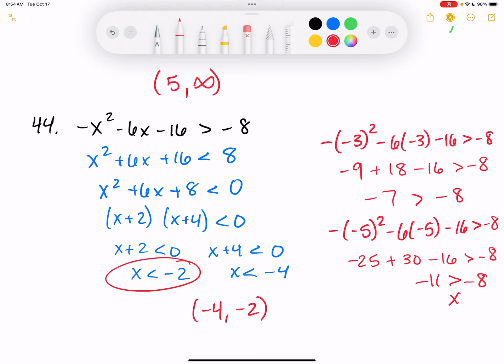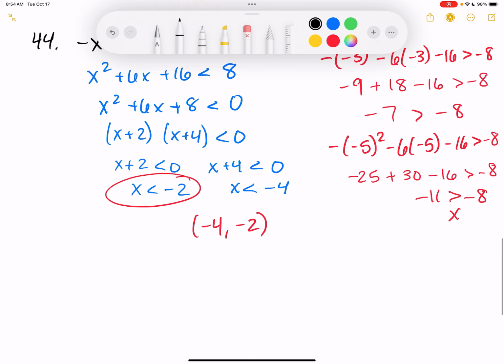All right, 2 more and then we'll be done. Solve each rational inequality. It's giving you an inequality as a fraction and you give the solution set in interval notation. So 58, 6 minus x over x plus 2 is greater than 1.